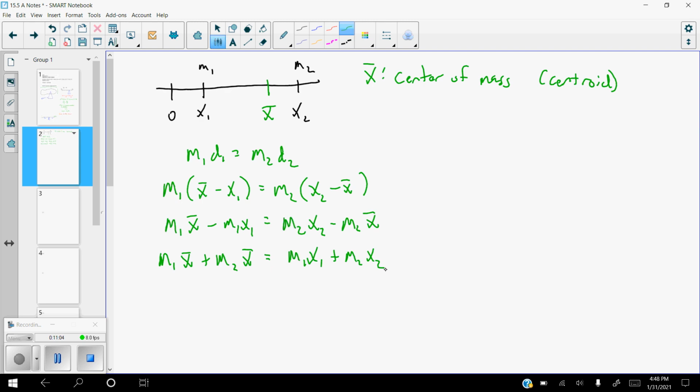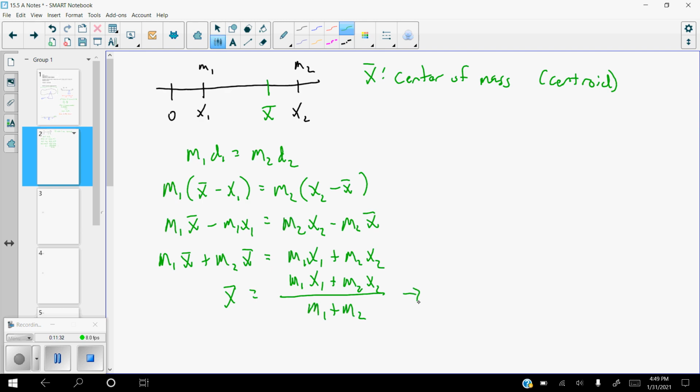I'm going to factor the x bar out of the left and then divide by what's left over, which in parentheses would just be M1 plus M2. So what I get is x bar equals M1 x1 plus M2 x2 over, oops, not x bar, I'm solving for that, M1 plus M2.